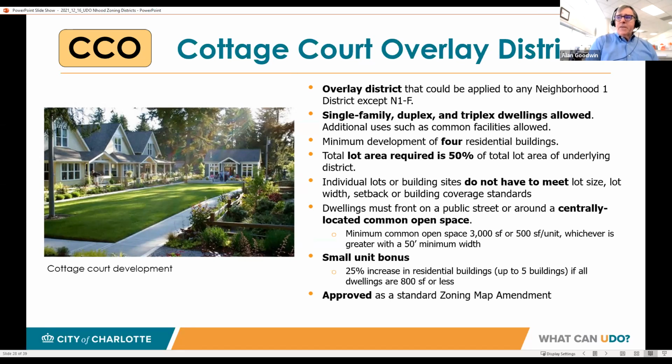And there is a small unit bonus so that you can get more units if you build units that are 800 square feet or less. So if you build small units, which theoretically would be more affordable, you can increase the density. And this is also approved as an overlay district, and would go through that kind of rezoning process as well.